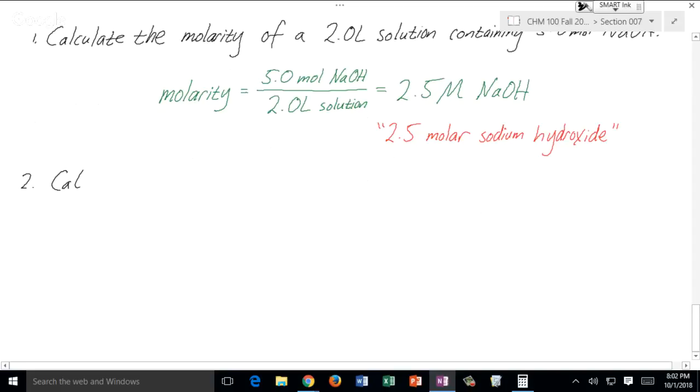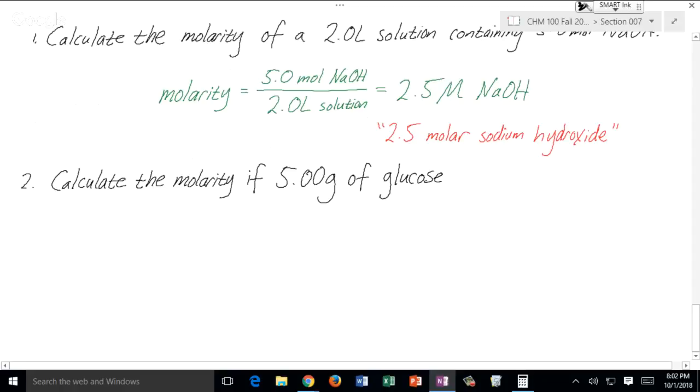So once again, we want to calculate the molarity if 5 grams of glucose are dissolved in 100 milliliters of solution.